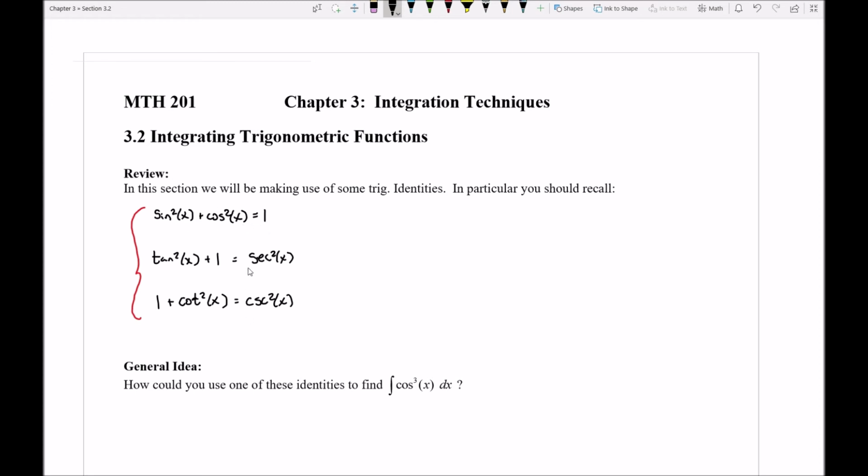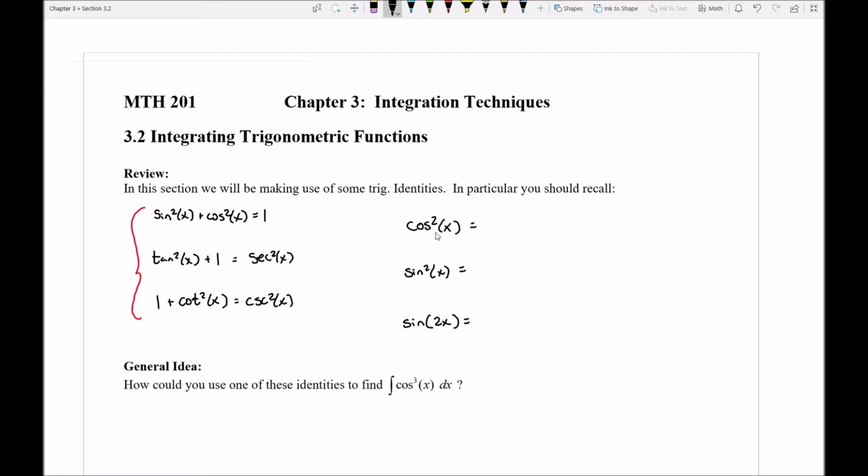But these aren't the only identities that are going to be important for us in this section. We're also going to see an identity for cosine squared of x, an identity for sine squared of x, and an identity for sine of 2x. Each of these is going to be useful as well.